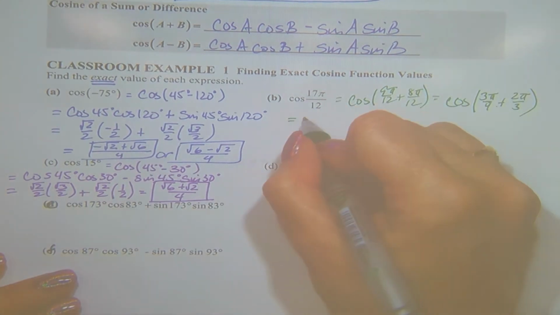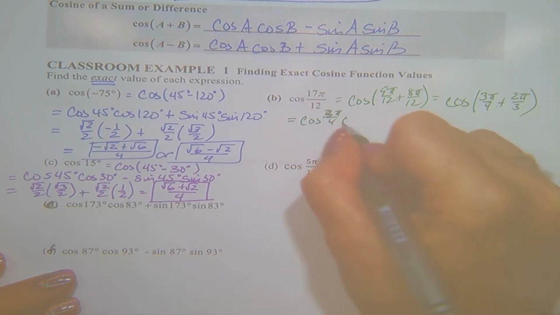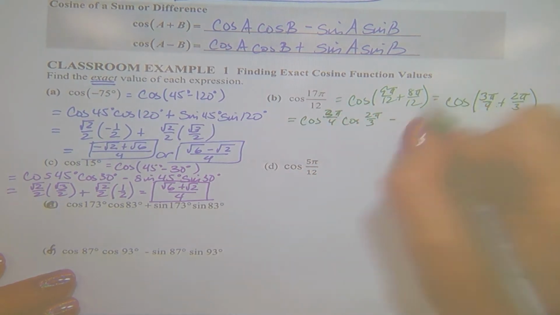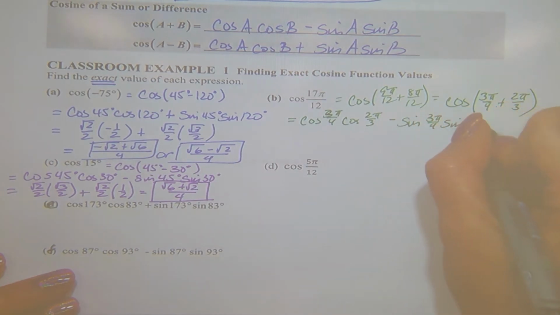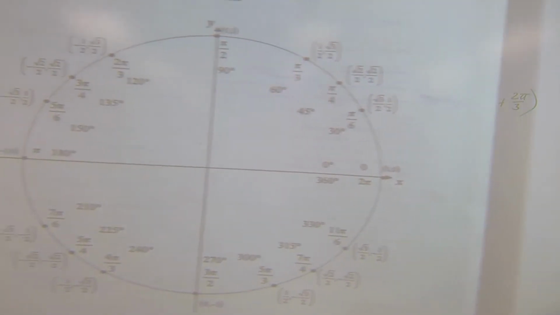Cosine sum identity is cosine of the first angle, 3 pi 4ths, times cosine of the second angle, 2 pi 3rds, minus sine of the first, sine of the second. That's my cosine sum identity. I subtract those products.